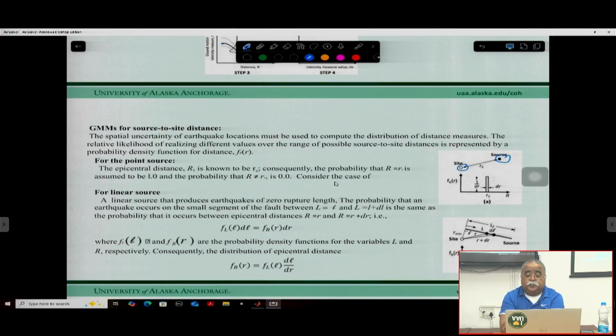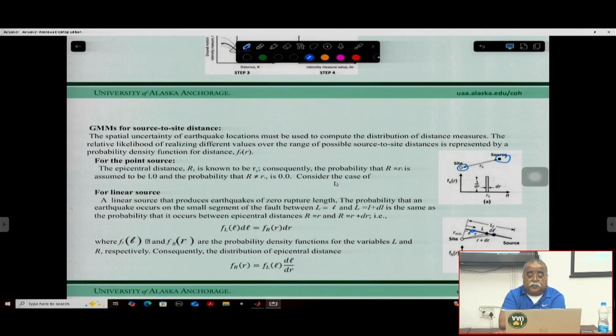Now, that's the probability of the point source. But if it is a linear source like this, then what will happen? Okay, let's see the linear source. If it produces the earthquake of zero rupture length, no rupture length, right? So just only an earthquake produced on this line at any point, right?